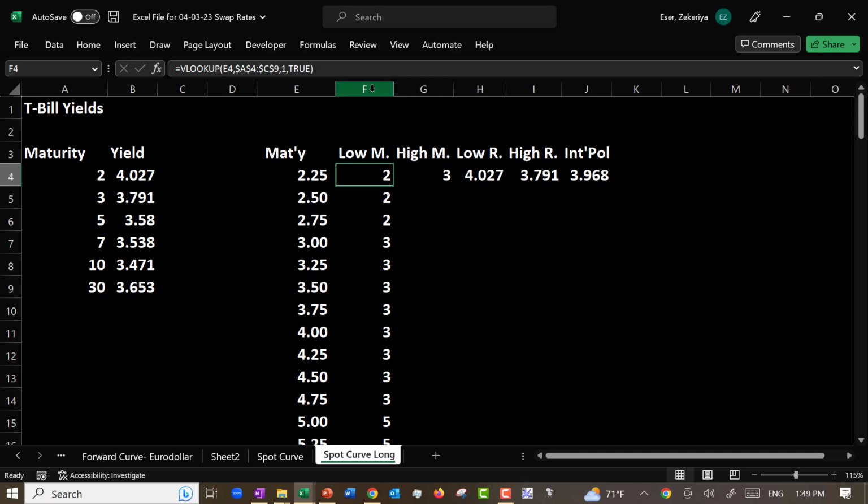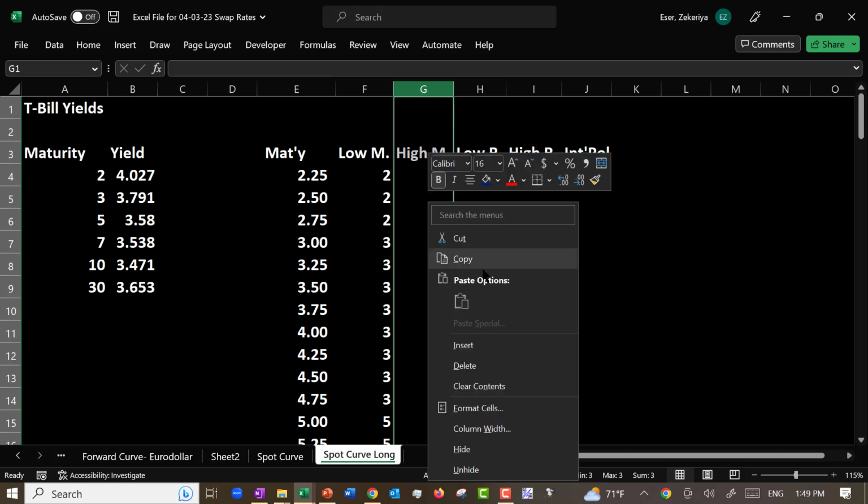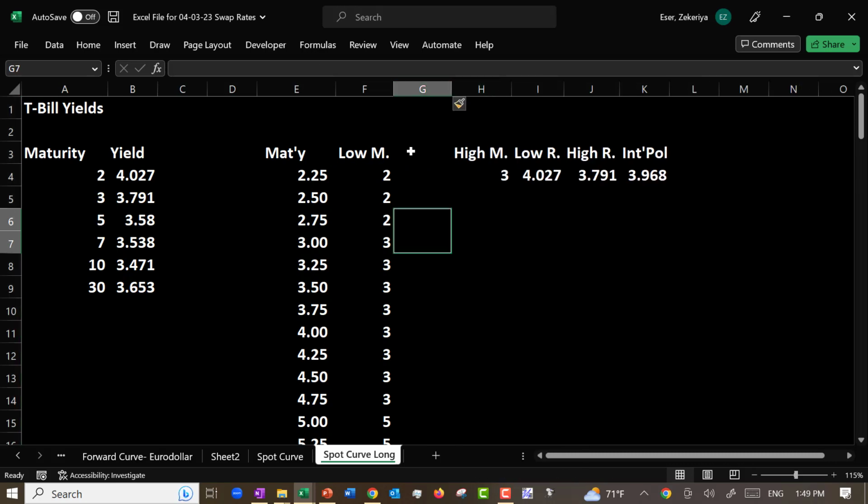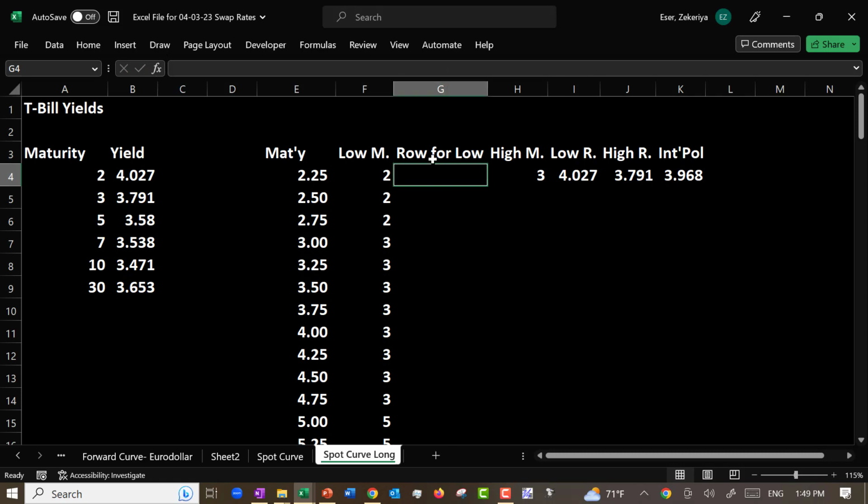Let me insert something here. Row for low. I want to get the address of that match, all right?